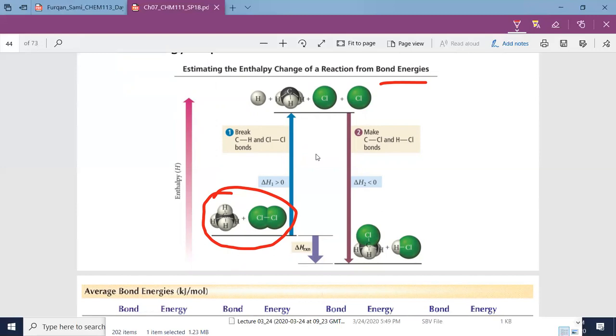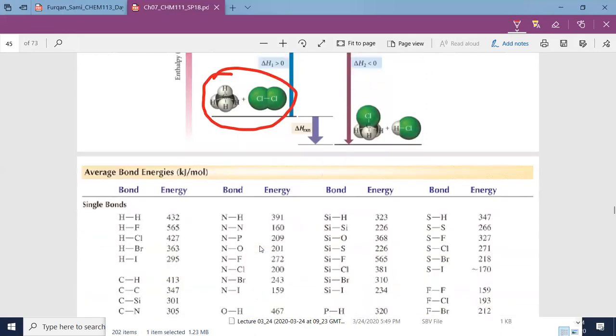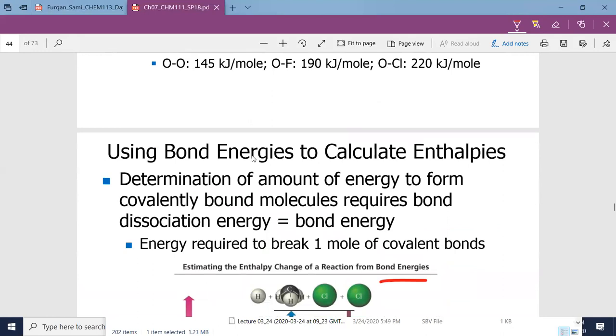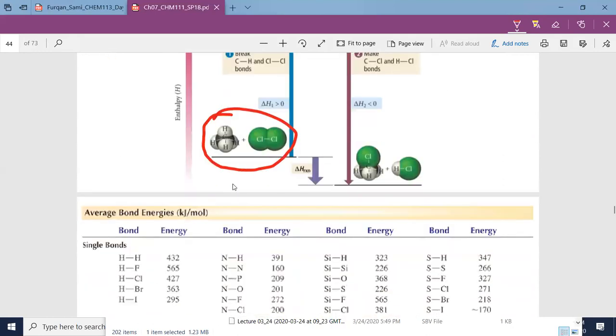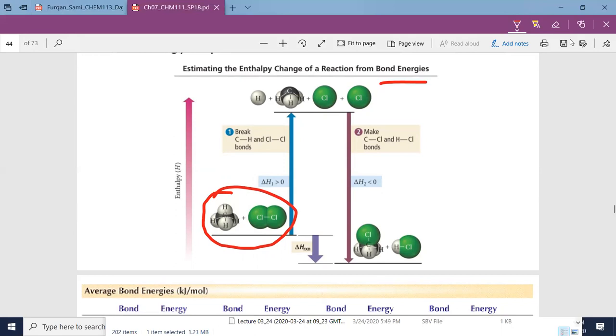So these 4 bonds, C–H, C–H, C–H, C–H, are going to break. Then the Cl–Cl bond is also going to break. Then what new bonds are formed? 3 C–H bonds are formed, one C–Cl bond is formed, and then an H–Cl bond is also formed. So we need to know that, right? If we know what bonds are breaking and what bonds are going to be formed, we can calculate the enthalpy of the overall reaction, the energy change of the overall reaction.